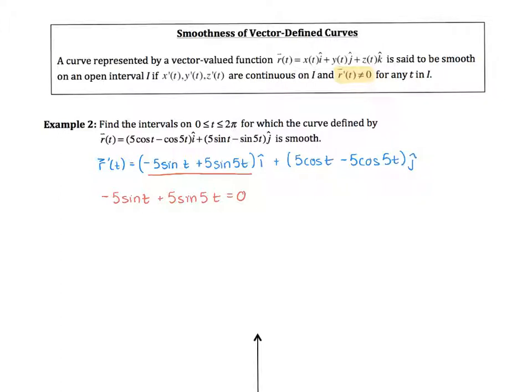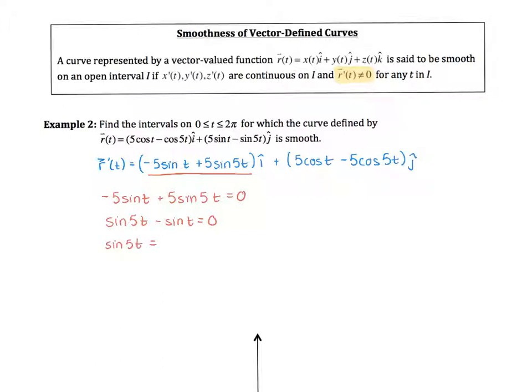So we'll get sine 5t minus sine t equals 0. And honestly, you could bring your calculator into this. You could maybe use some kinds of crazy identities to simplify this. But honestly, I feel like this is simple enough.